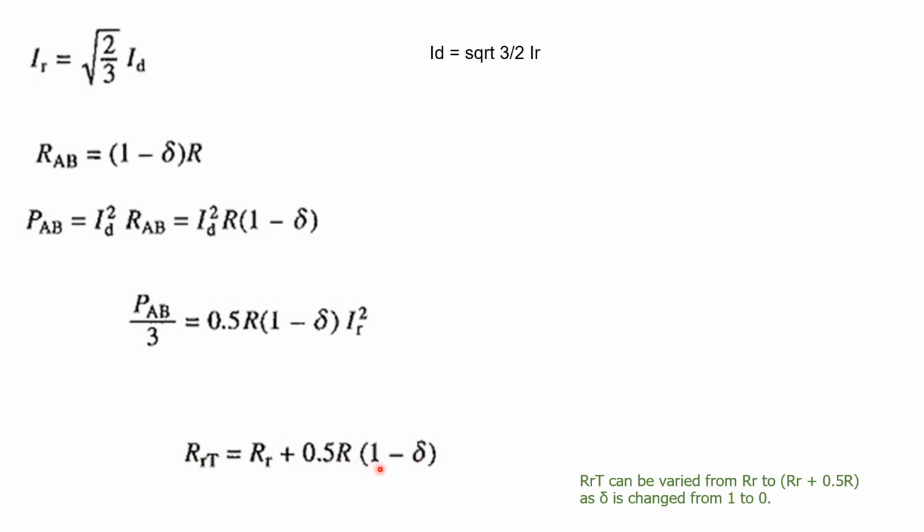If delta is 1, then 1 minus 1 is 0, so I get only RR. When delta is 1, RRT is equal to only RR. If delta is 0, I get RRT as RR plus 0.5 into R.